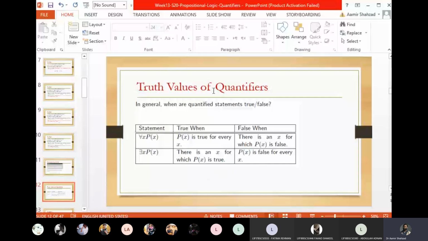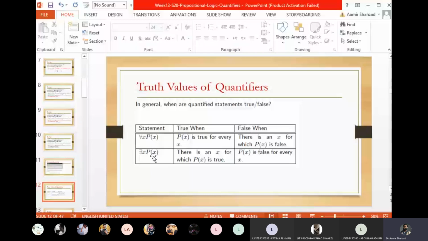Truth values of quantifiers. So ये कब true होगा? Universal quantifier पहले. For all x p of x, it is true if p of x is true for every value of x, and it becomes false अगर ये किसी एक value के लिए भी false हुई, the whole statement becomes false. If there is an x for which p of x is false, this quantifier is false.